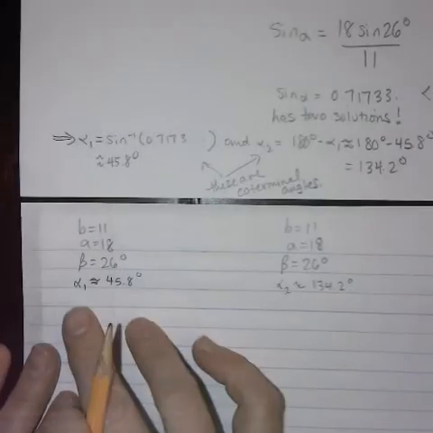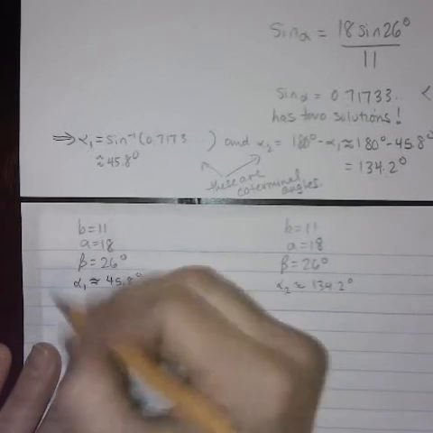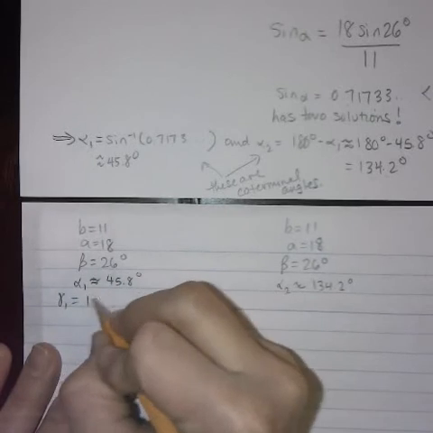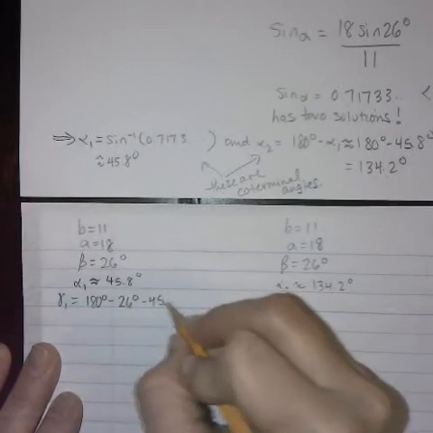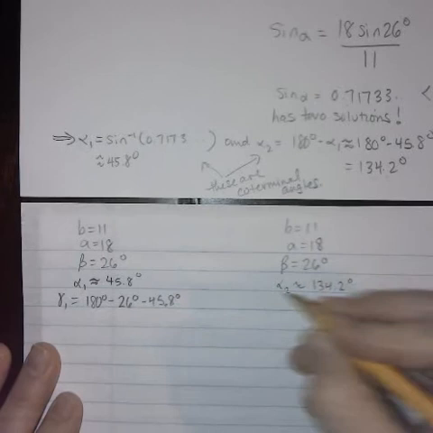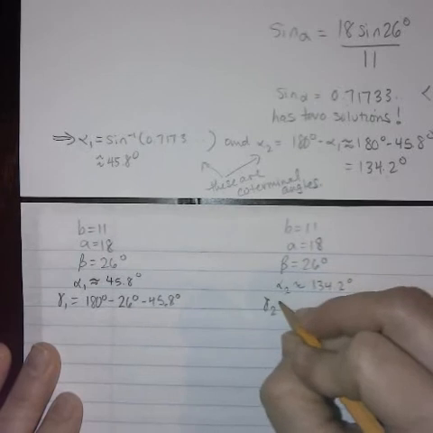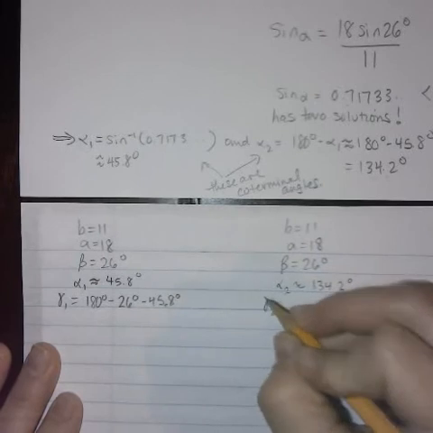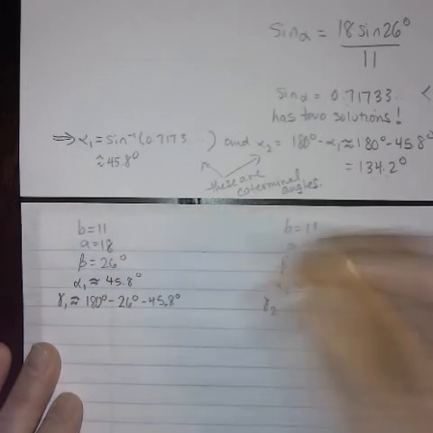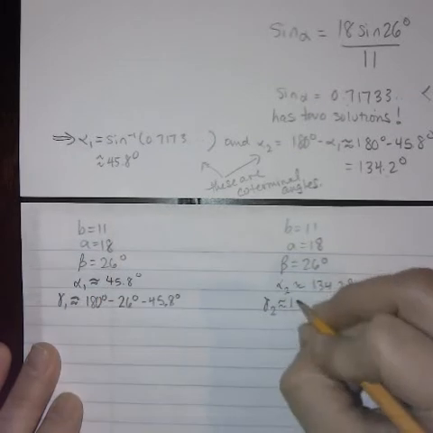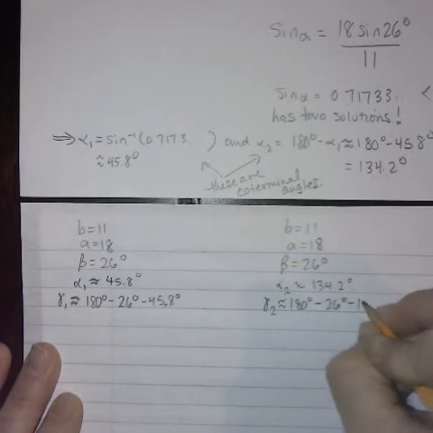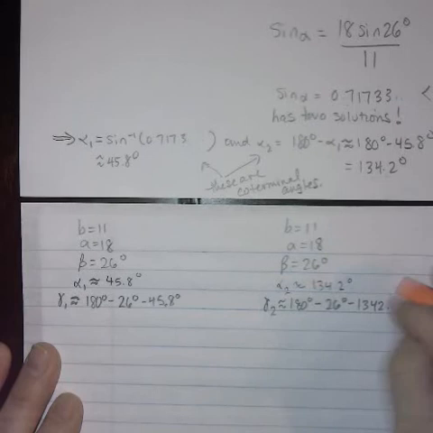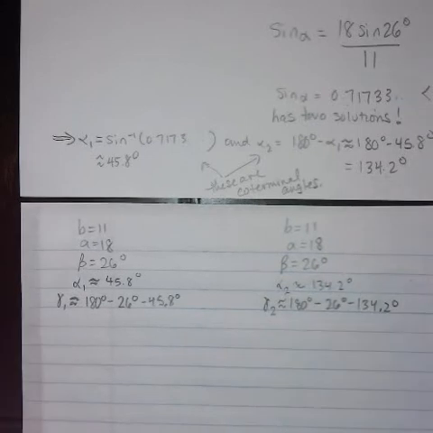So now, for gamma, we'll just subtract from 180 the angle we were given and the one we found. And so I'm using the subscripts to differentiate between the two. I should use approximately here. Let me get my calculator out.